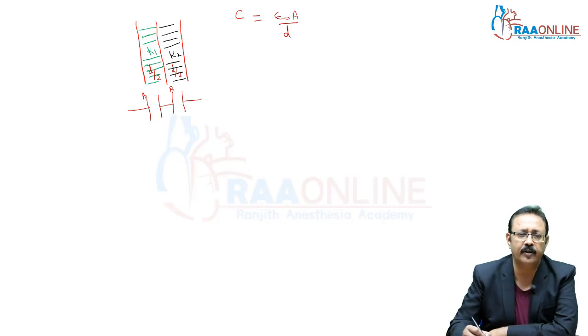So if the capacity of this is C1, and the capacity of this is C2, what should be C1 now? K1 epsilon naught A by D by 2. And what is C2? Similarly, 2K2 epsilon naught A by D.